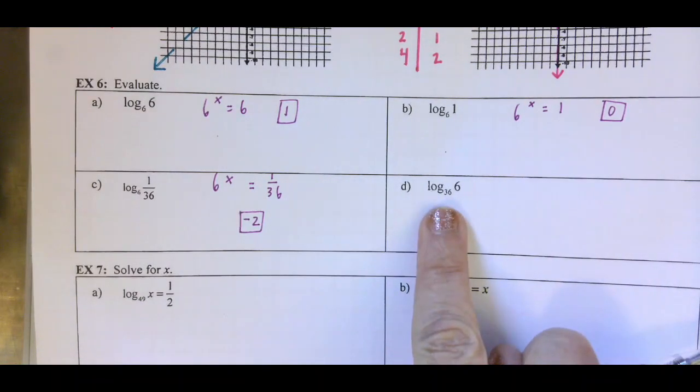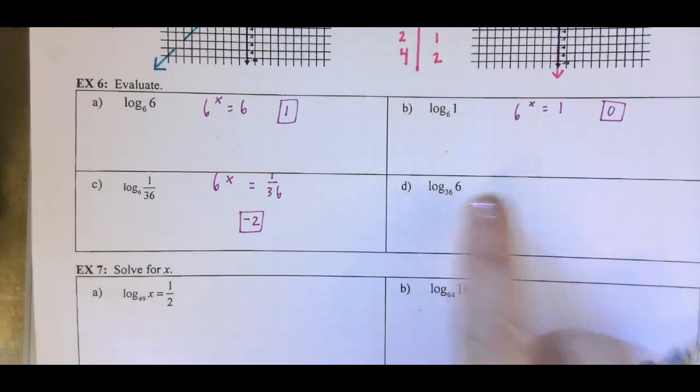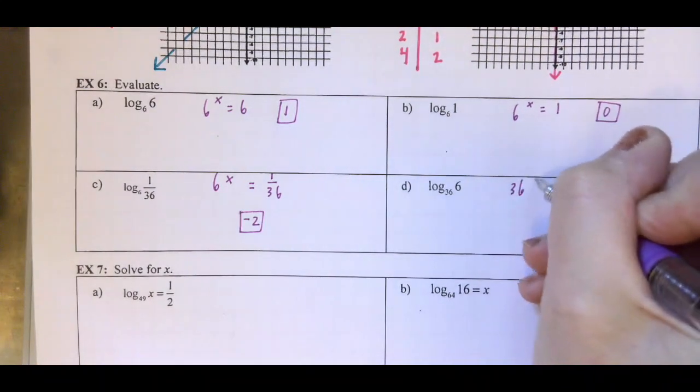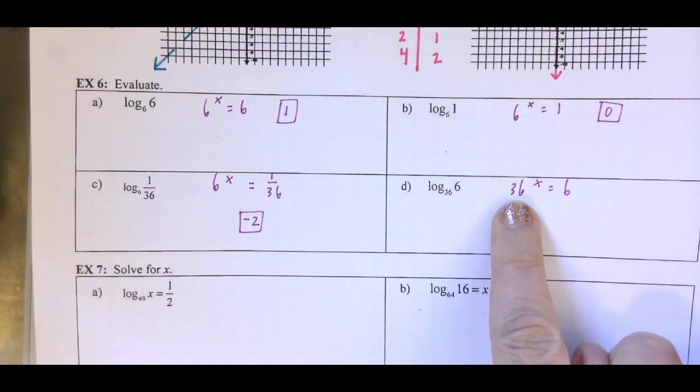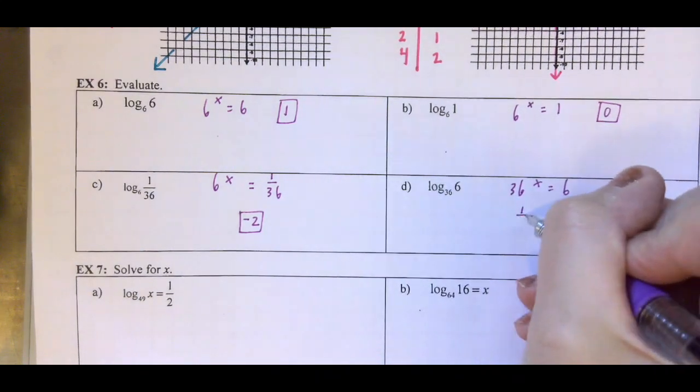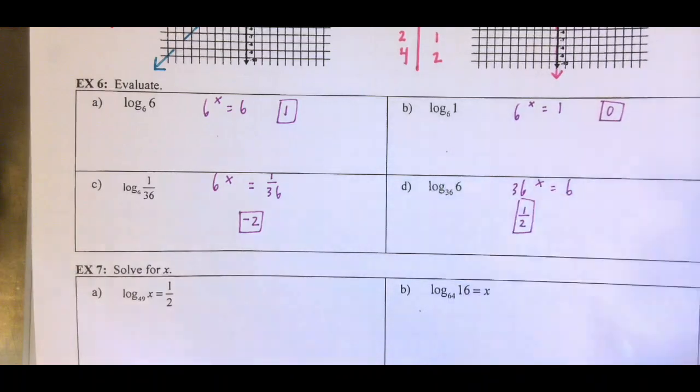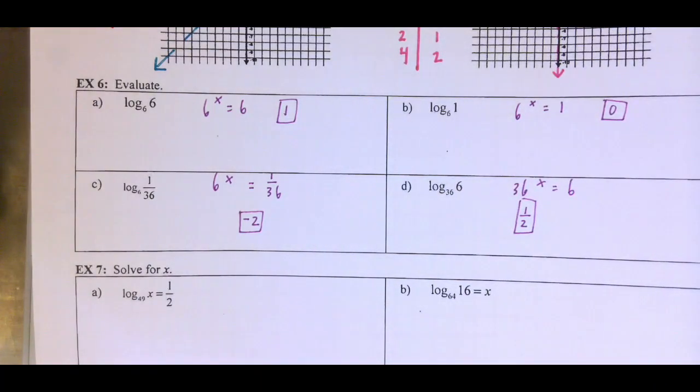Okay, log base 36 of 6: 36 to what power gets us to 6? Well, I know that the square root of 36 gets us back to 6, so that's like saying 1/2 power if we're thinking exponentially. So 1/2, right? The square root of 36 would get us back to 6.